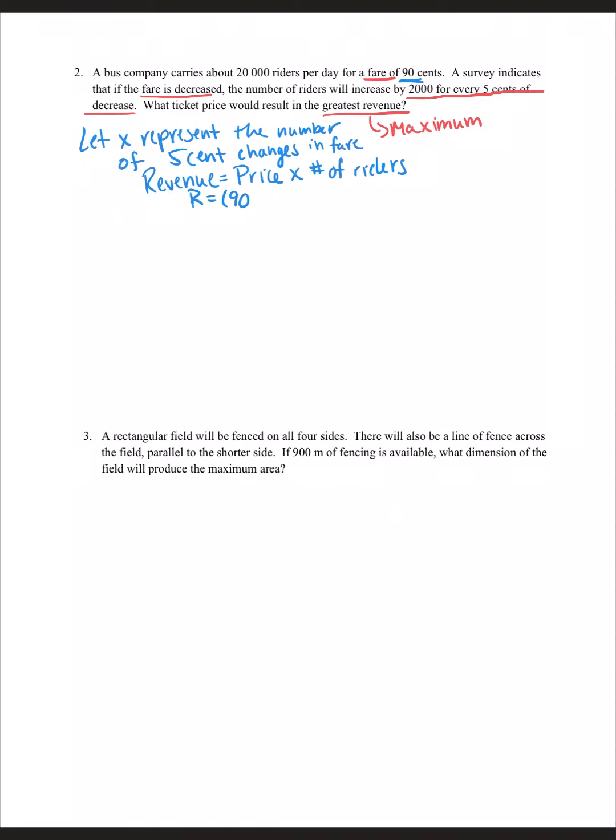Because both of those represent cents. So if there was one decrease in price, it would be 5 cents times that one that we'd be decreasing from the 90 cent fare. So that's why that little algebraic expression would represent price. In terms of the number of riders, it says they generally carry 20,000. But there's going to be an increase of 2,000 for every 5 cent decrease in price.